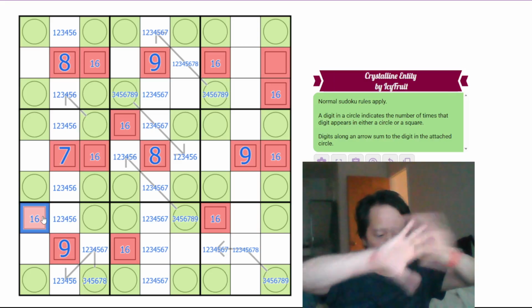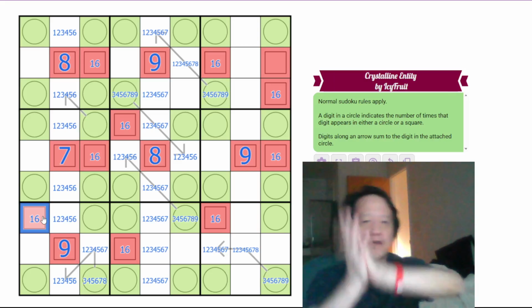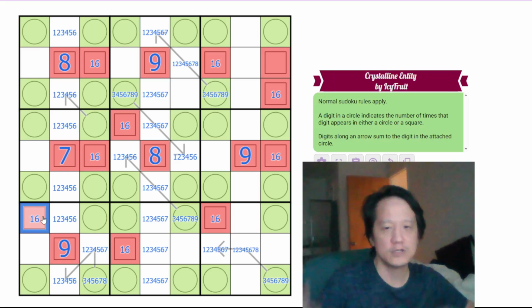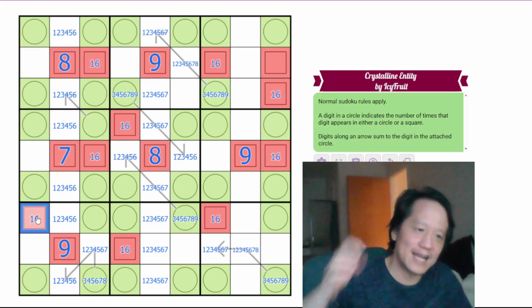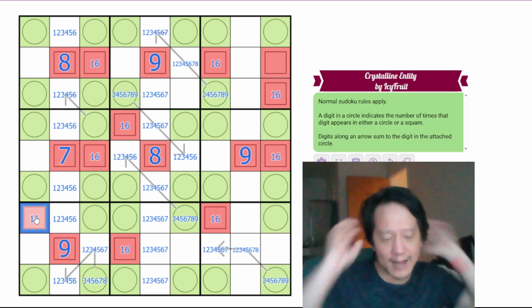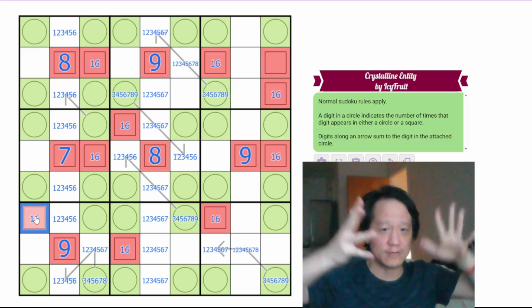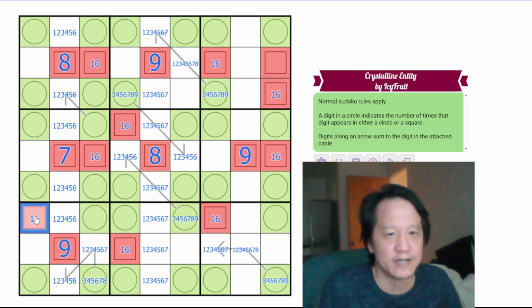So then you have 38 plus 9, which adds up to 47. And that would satisfy all the circles and squares. So 6 does not have to be in a circle. And then now we just have to figure this out.